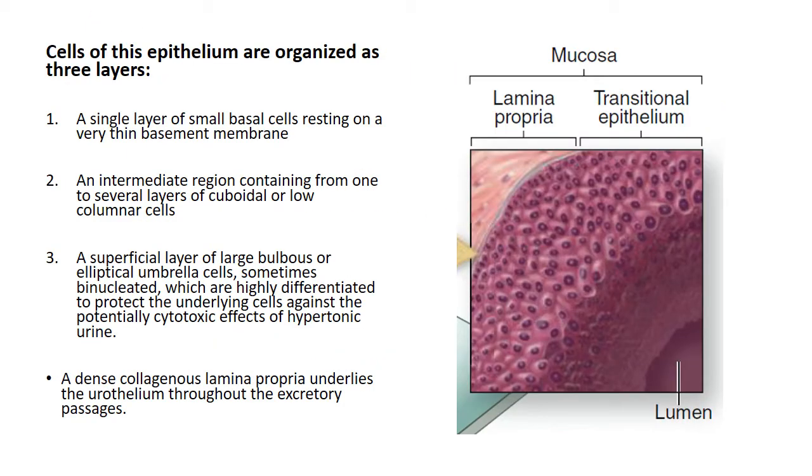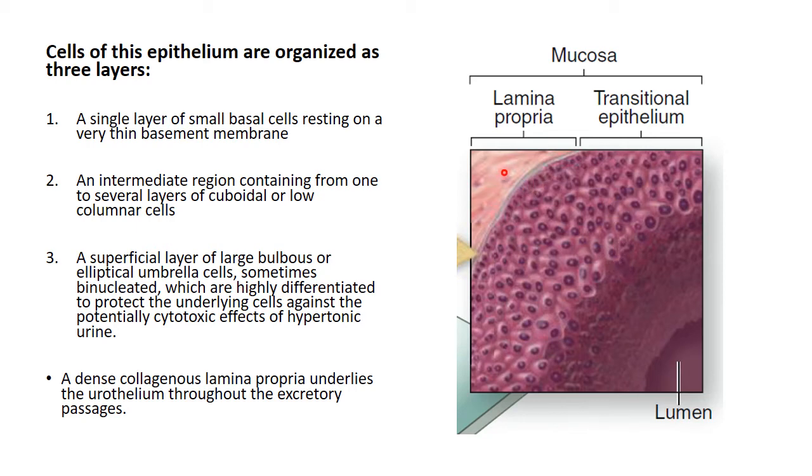If we want to describe the transitional epithelium, we can say that it is organized as 3 layers. We have a single layer of small basal cells resting on a very thin basement membrane, and the second layer is an intermediate region containing from 1 to several layers of cuboidal or low columnar cells, and we have the third layer, which is a superficial layer of large elliptical umbrella cells, which are sometimes binucleated, and these cells are highly differentiated to protect the underlying cells against the hypertonic acidic urine.